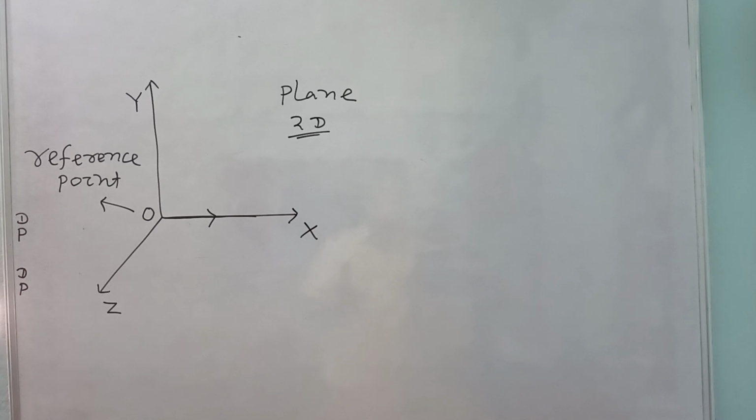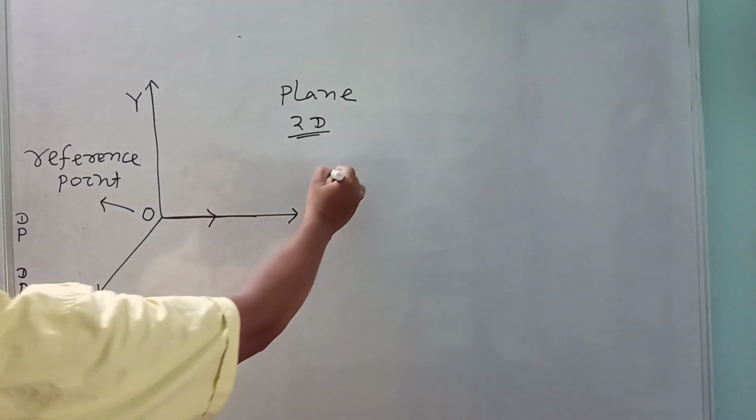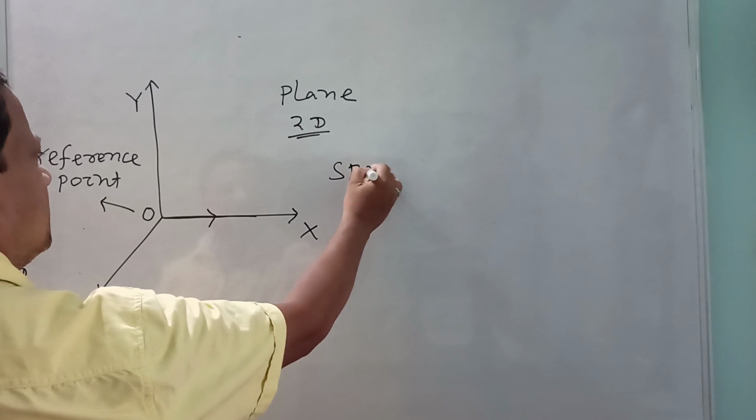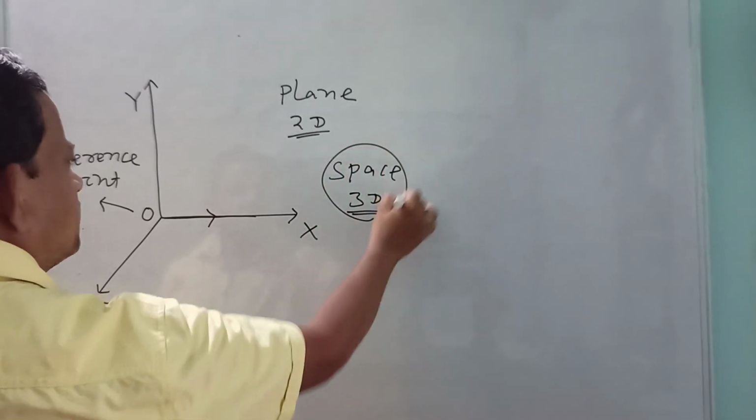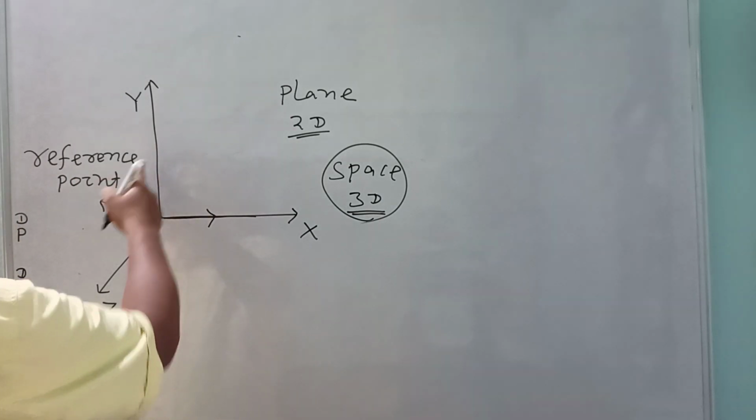Motion of a car in a straight line. This is 1-dimensional motion. Similarly, students, 3D, 3 dimension. That is your space. That is what 3D. You need 3 coordinates x, y, z.